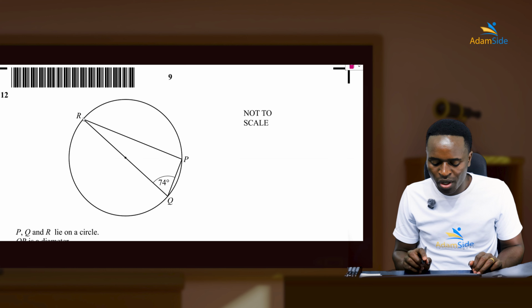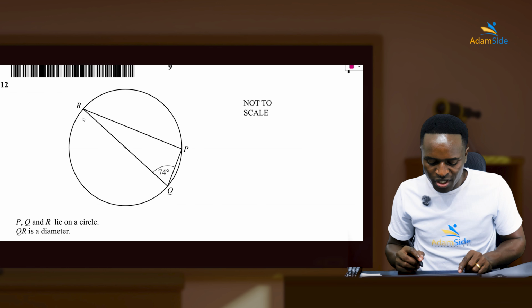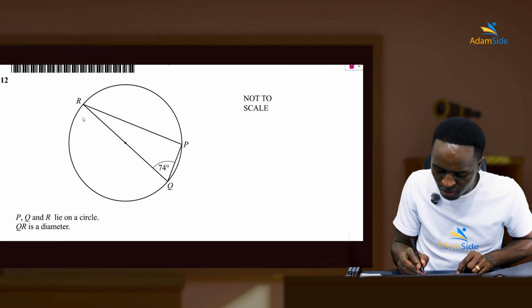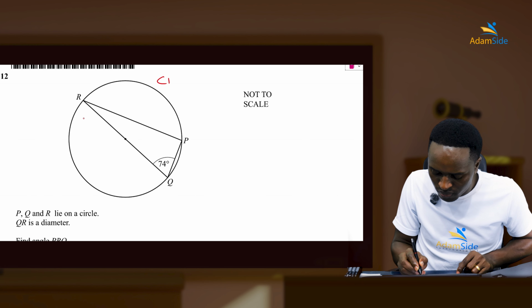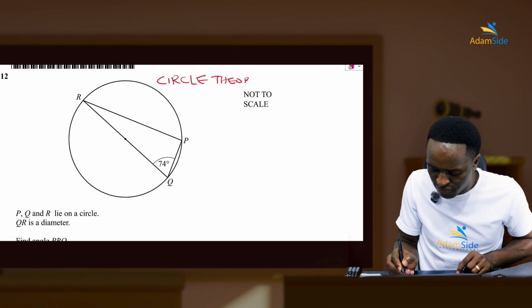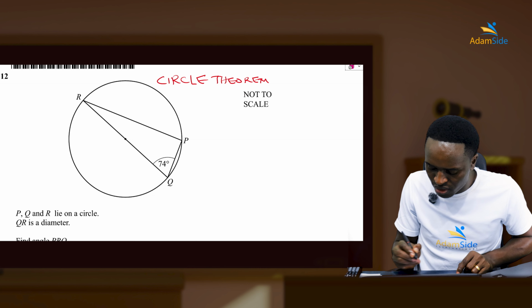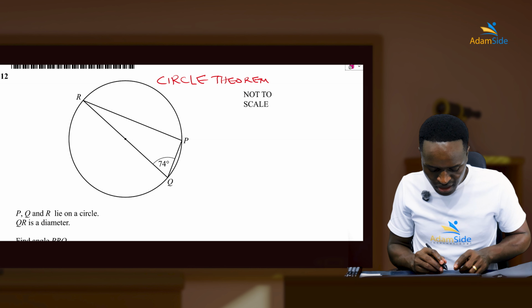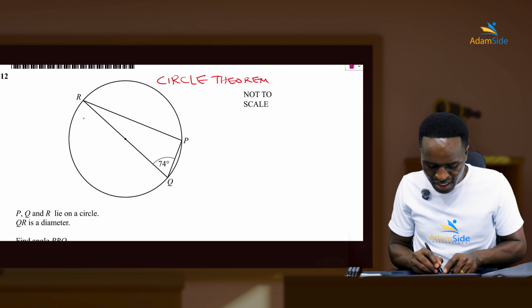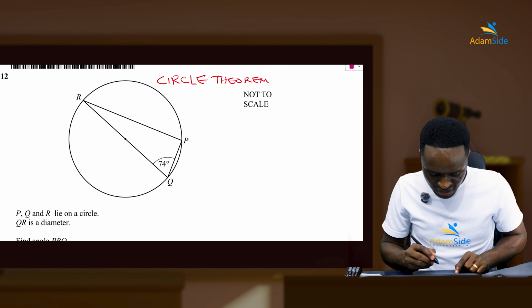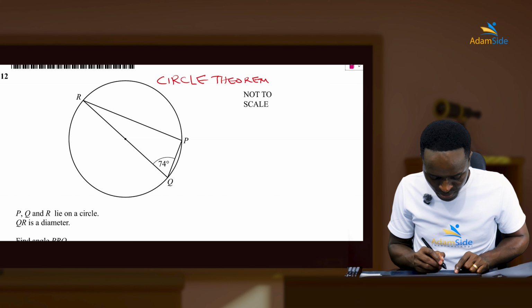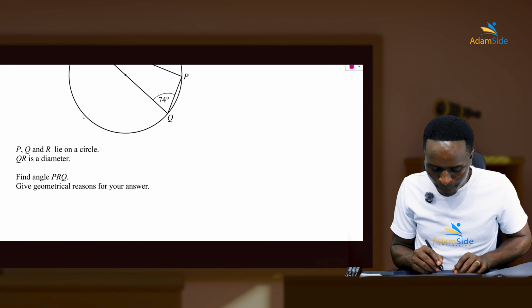Next question. Question number 12. It comes from the unit of Circle theorem. It says P, Q and R lie on a circle. QR is a diameter. Find angle PRQ.